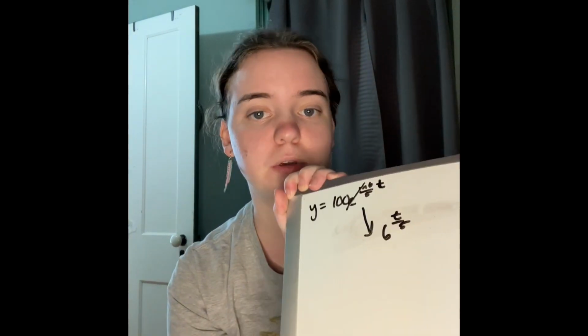Y equals 100 e to the power of ln 6 divided by 5 t. So we're going to simplify that stuff a bit so we can find it after 7 hours. But first we gotta simplify. So we can get rid of that ln e because remember they can cross out. So then we have 6 to the power of t over 5 when you end up rearranging it.